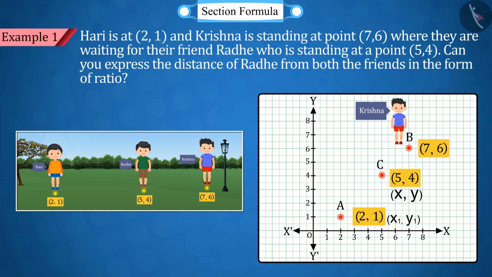And point B, that is x2 equals 7, y2 equals 6, is the position of Krishna. By joining these 3 points together, we get a line segment, where we have to find the value of AC ratio CB. Suppose here the ratio of AC and CB is m/n.